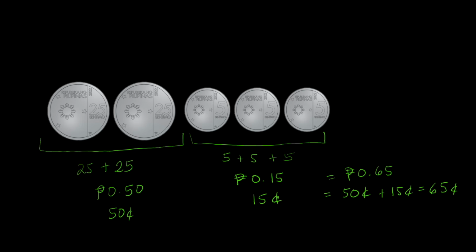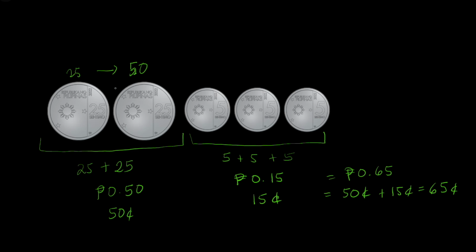Another way is to do skip counting. For 25 centavos, we will skip count by 25. So that would be 25, then 50. And then after that, we have 3 5 centavo coins, so we will skip count by 5.